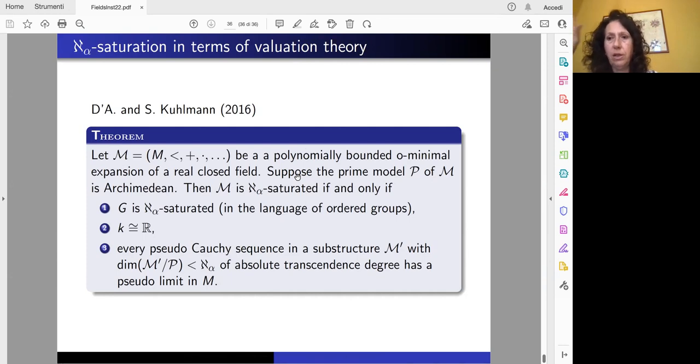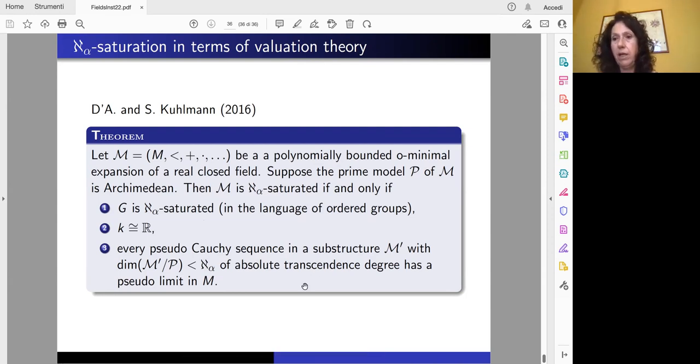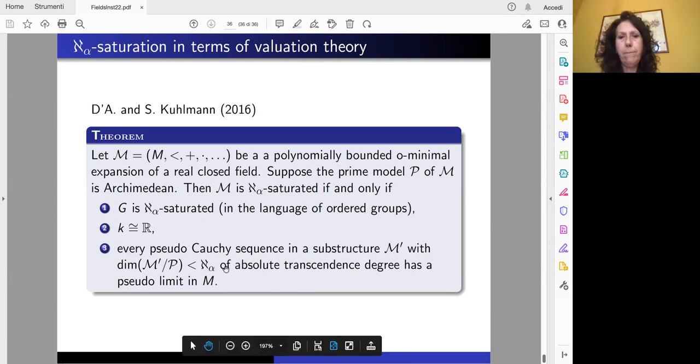For the rest, it is not a problem, the proof goes through. It's just a question of aleph-zero saturation, where the structure generated by finitely many parameters may be too big, and we cannot deal with it.